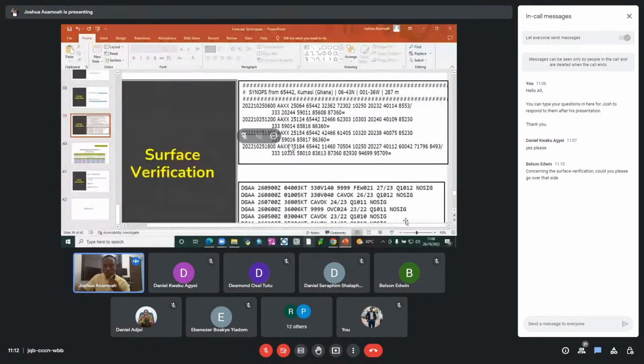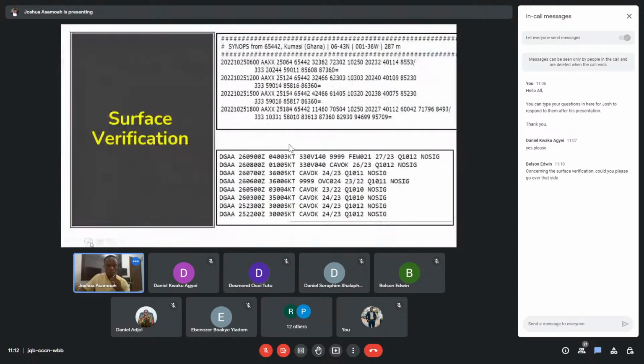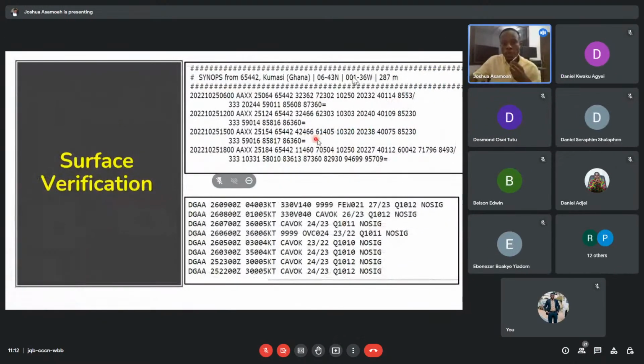Okay. So let me start with the synop message. Basically, these ones are just telling you the time and the date when the message was sent.